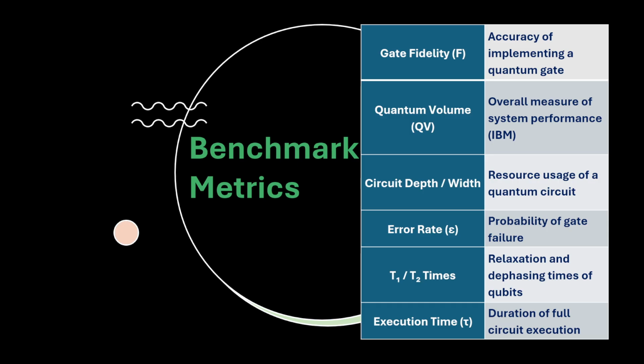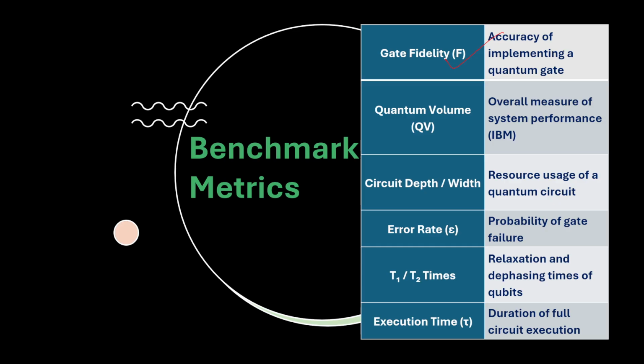So in IBM Qiskit, what are the benchmark metrics? In this slide, I am discussing the benchmark metrics. The first parameter is the gate fidelity. Gate fidelity is like accuracy, how the quantum circuit performed compared with the real or ideal operations.